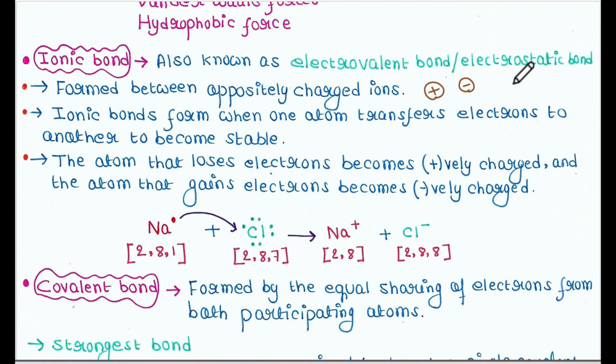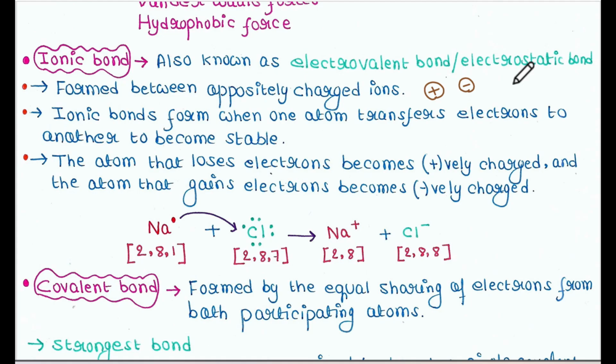Ionic bonds form when one atom transfers electrons to another to become stable. The atom that loses electrons becomes positively charged and the atom that gains electrons becomes negatively charged.